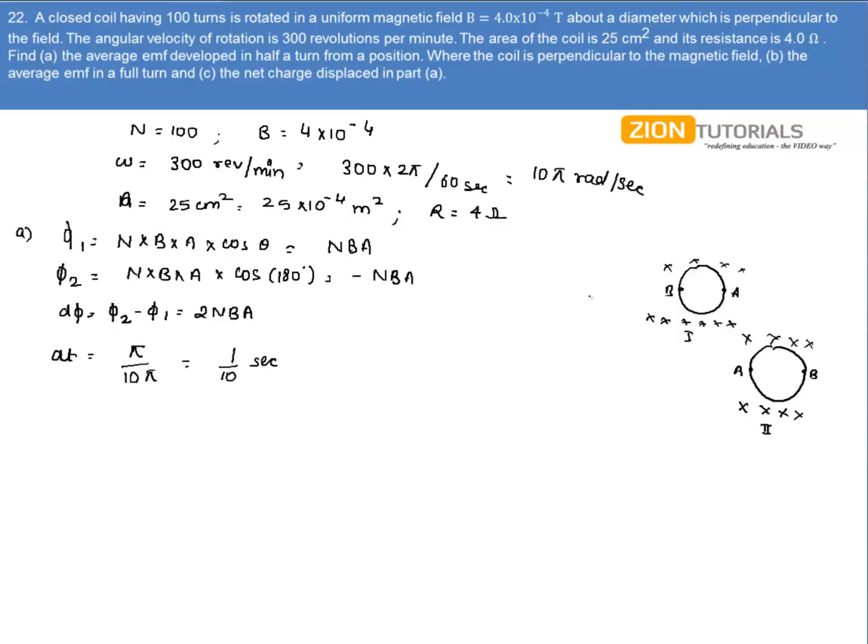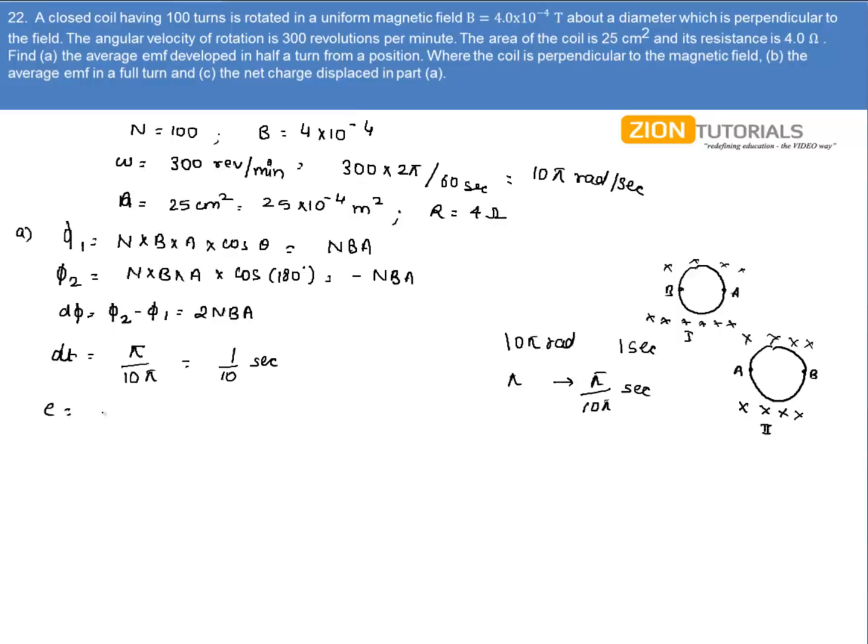This can be more clearly understood by the unitary method: it covers 10 pi radian in 1 second, so pi radian will be covered in pi divided by 10 pi seconds. So we have the value of dt now.